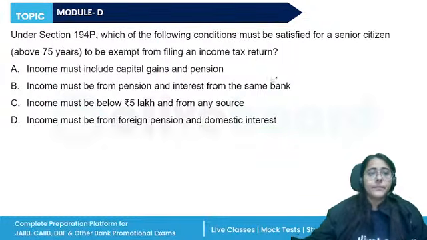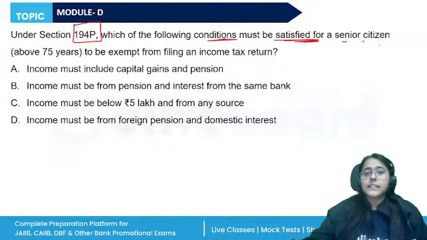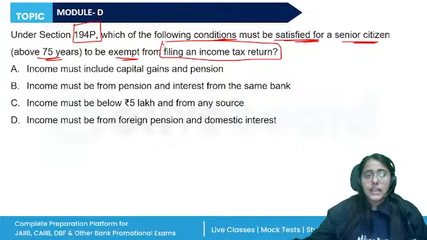It should be D. Under section 194P, which of the following conditions must be satisfied for a senior citizen above 75 years to be exempt from filing an income tax return? Income must include capital gains and pension. Income must be from pension and interest from the same bank.